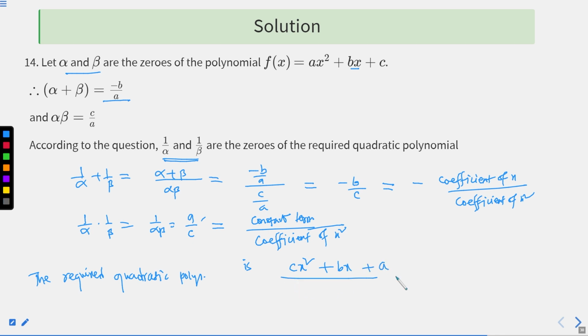This is the required quadratic polynomial whose zeros are the reciprocals of the zeros of the quadratic polynomial ax² + bx + c.